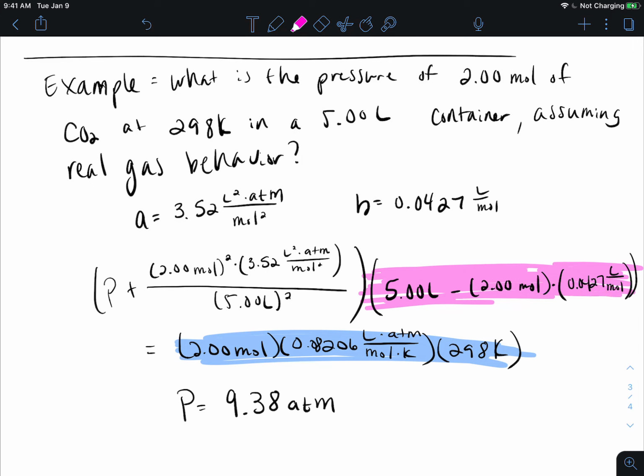And then all you'll need to do is subtract by the term you get here. So maybe solve for each one of these separately, and then divide, then subtract, and then you should get 9.38.